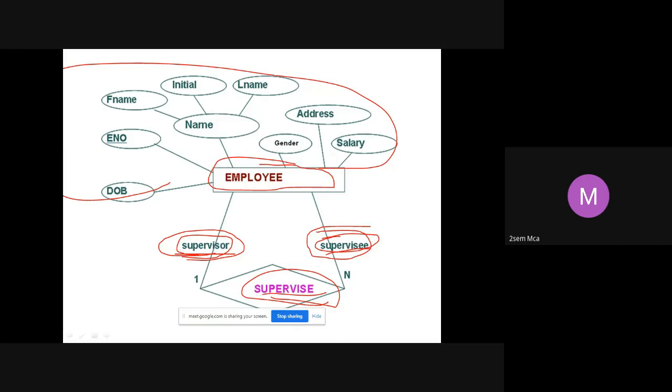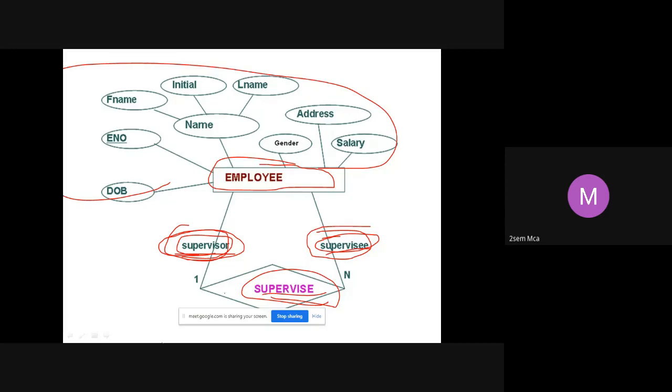So I am a supervisor, and I am a supervisee as well. Such relationships you call recursive relationships. Only in case of recursive relationship you have to write the role names. In what roles am I involved? Because I am involved in two different roles, I have to write there what the roles are in which I am getting involved.